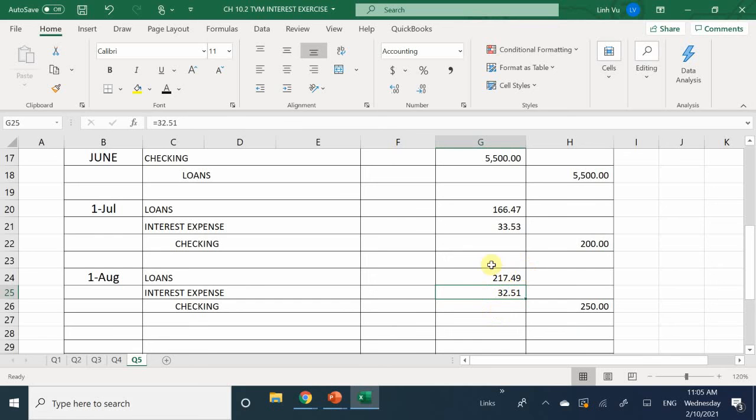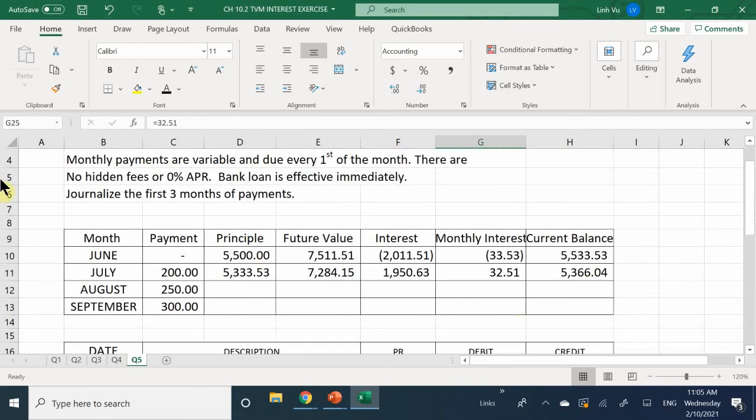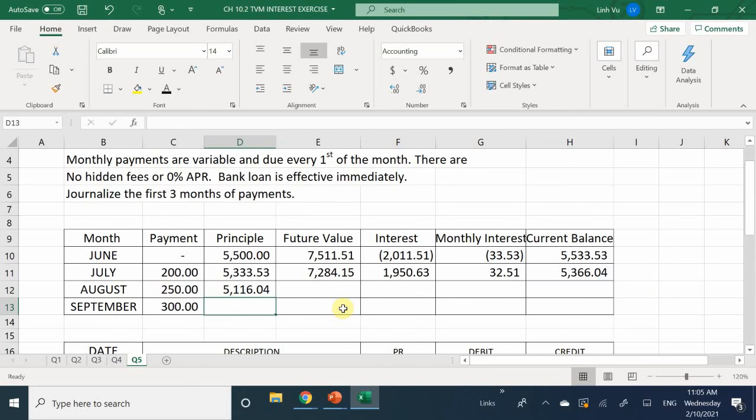So again, now that I made my $250 payment, same thing's going to happen. My new current balance is going to be this minus my $250 payment. So now my new current balance or my new principal is going to be 5,116.04. And of course, you're going to apply the same formula except your principal has changed.